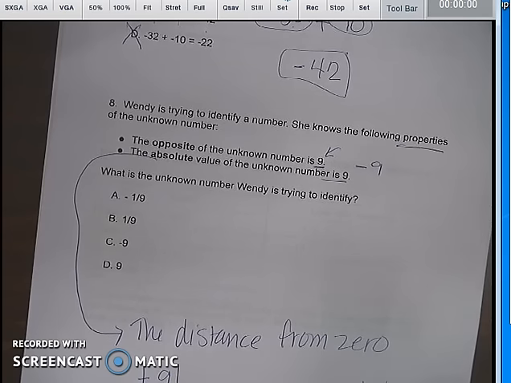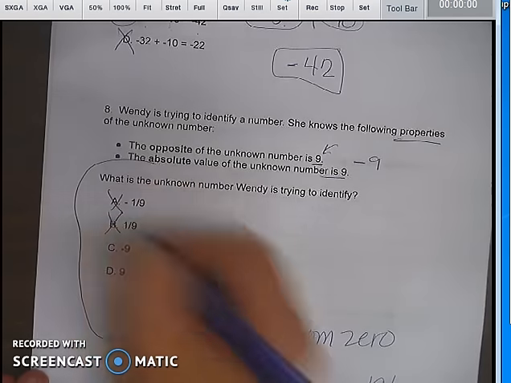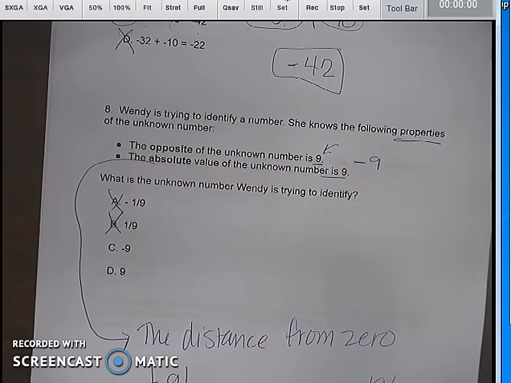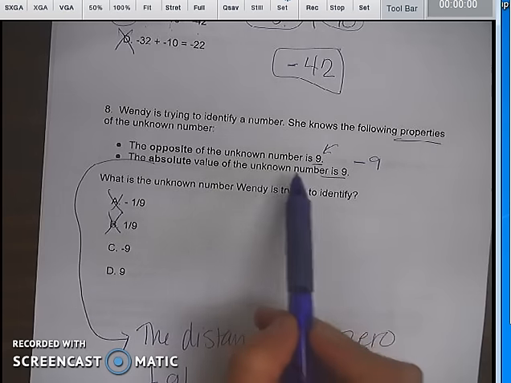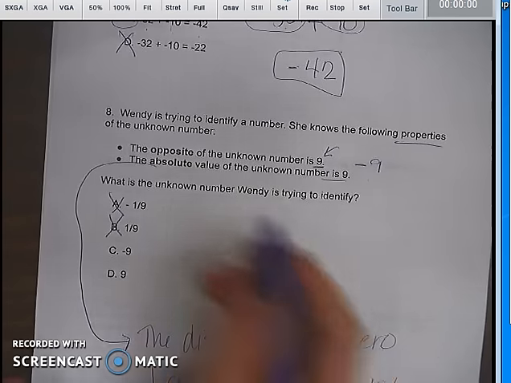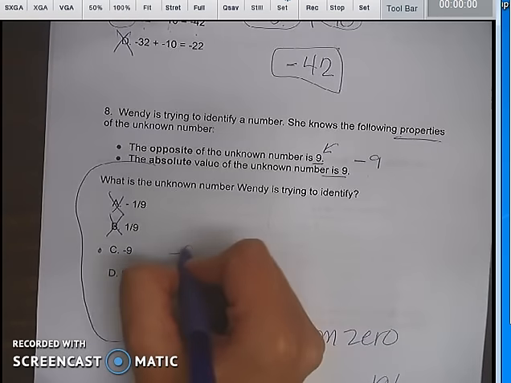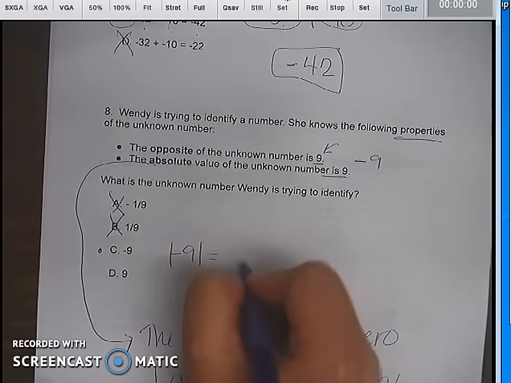So, what is the number that Wendy is trying to identify? It has nothing to do with negative 1/9 or positive 1/9, excuse me. So if I know the opposite of the unknown number is 9, well, 9 is the opposite of negative 9, so I'm thinking that this is my answer. What is the absolute value of negative 9? 9.